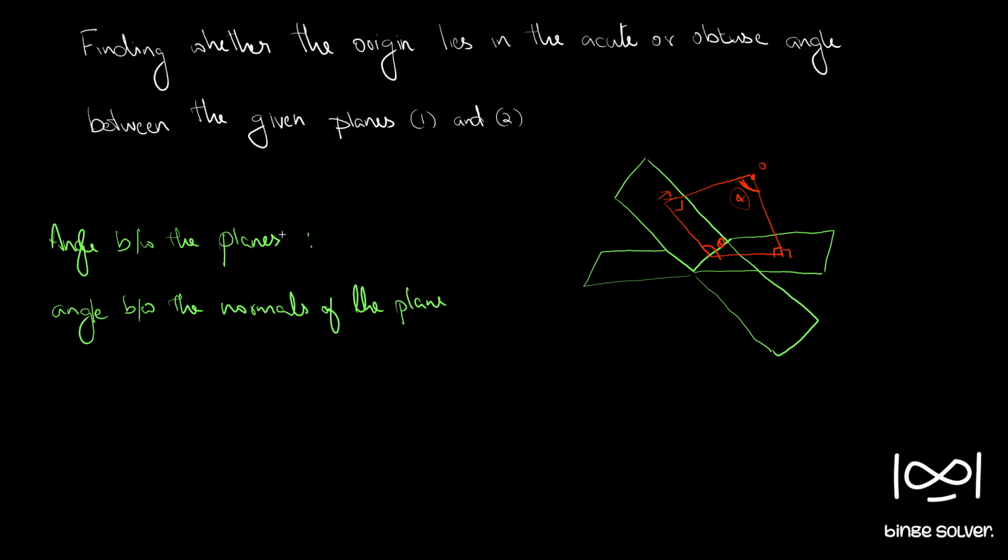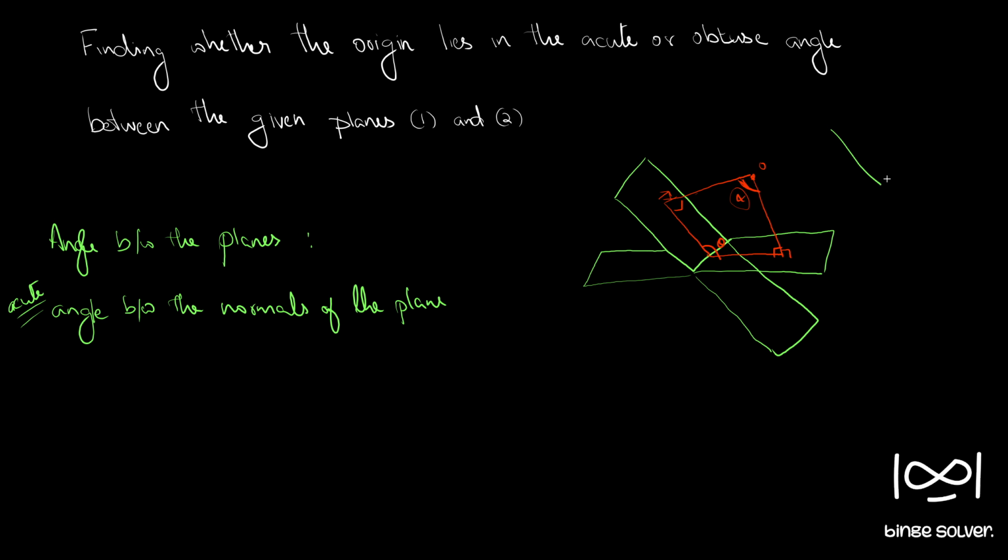As I said before, whenever we take the angle between planes, there will be an acute angle and an obtuse angle. So we always take the acute angle between the normals of the planes.